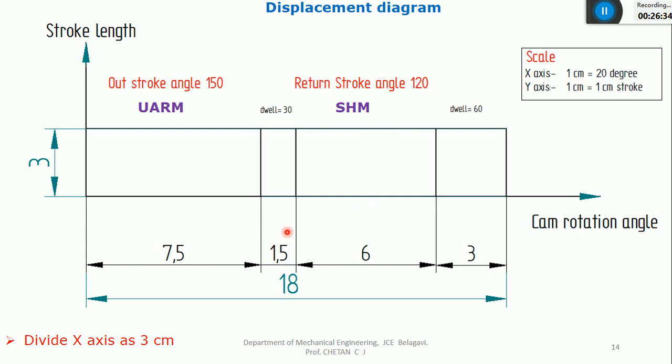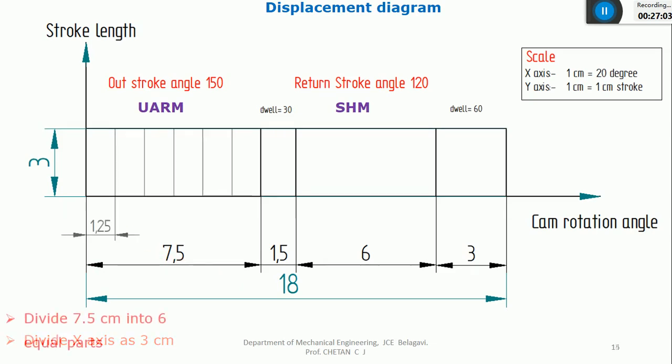And what is the next procedure? You have to divide this outstroke, that is the 7.5 centimeter, into 6 equal parts. So what will we get? 7.5 divided by 6. What will be each division? Just calculate. 1.25.